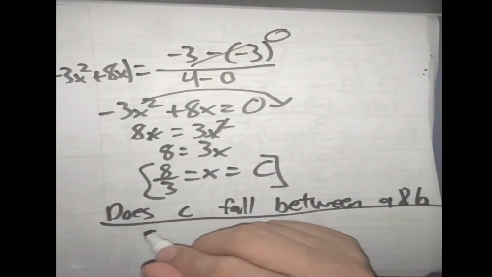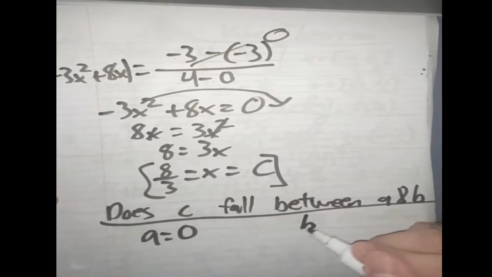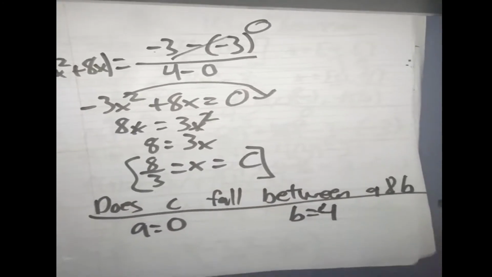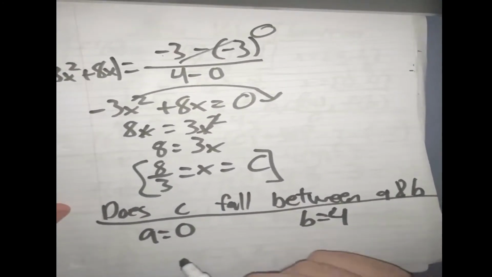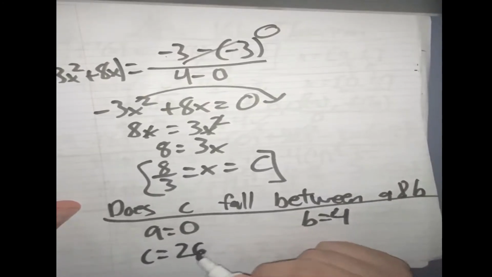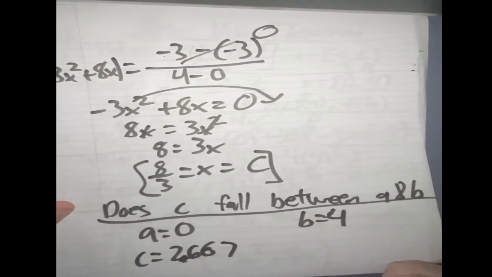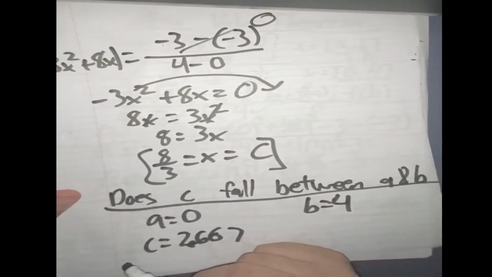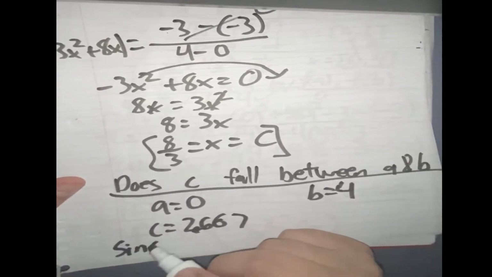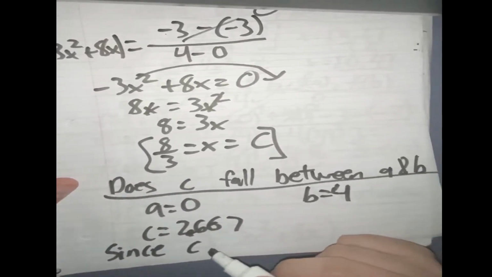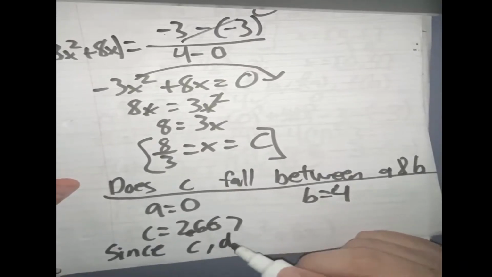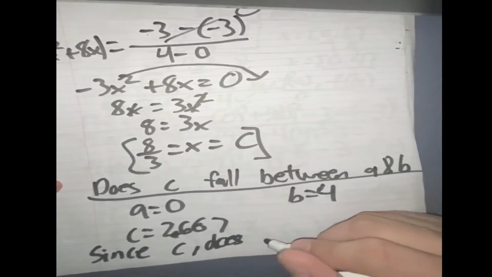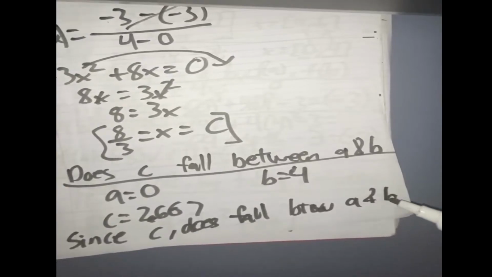And what's our a? Our a is equal to 0 and our b is equal to 4. 8 over 3 is approximately 2.66, 2.667 if we want to round it, which does fall between a and b.